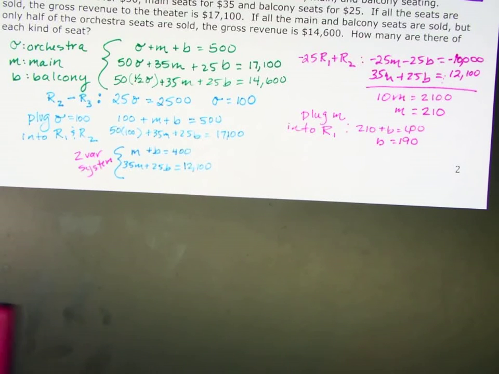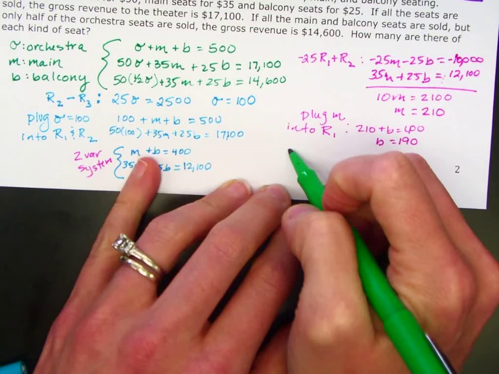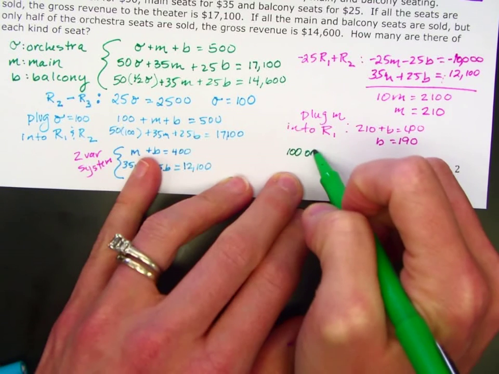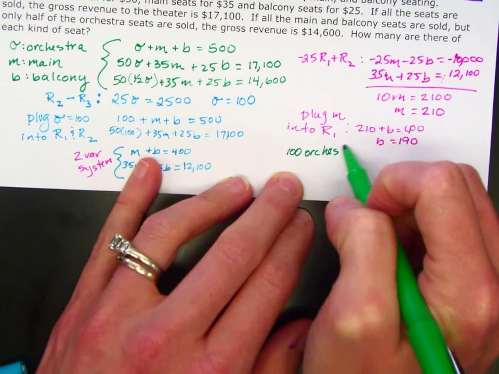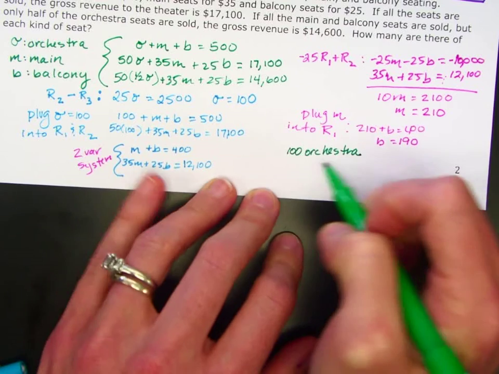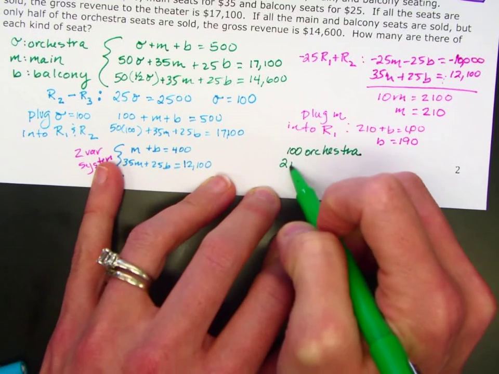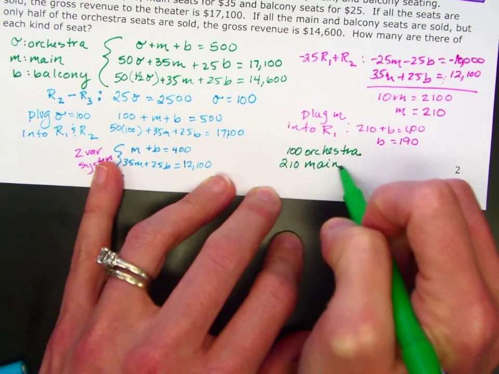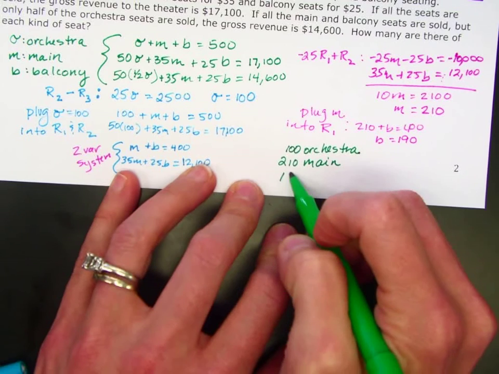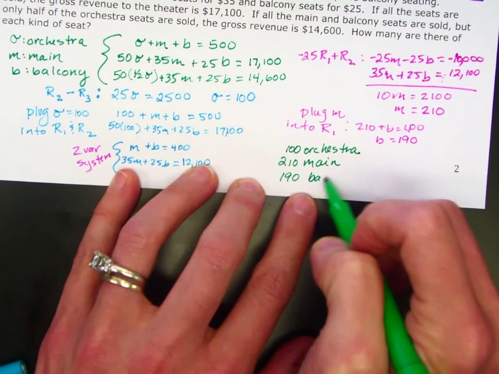And so then we can write our final answer. So we have 100 orchestra seats. We have 210 main seats. And we have 190 balcony seats.